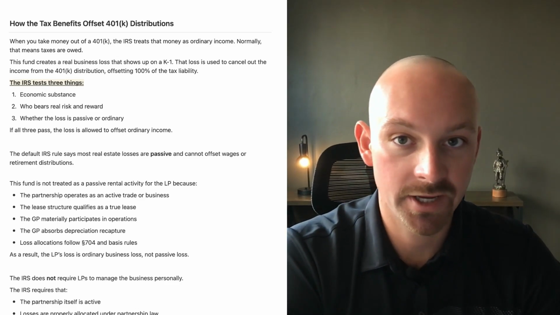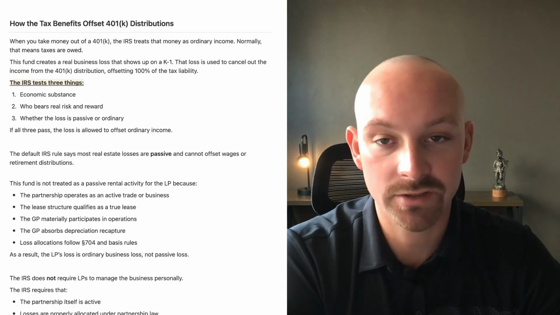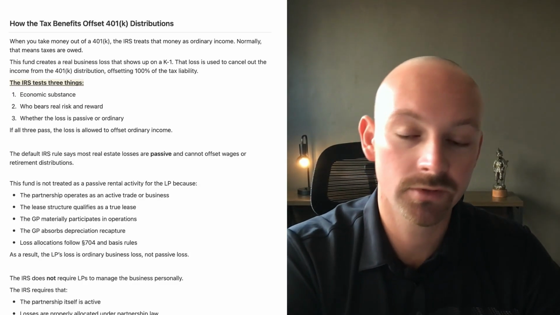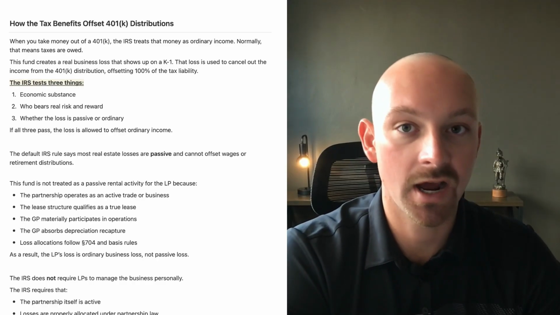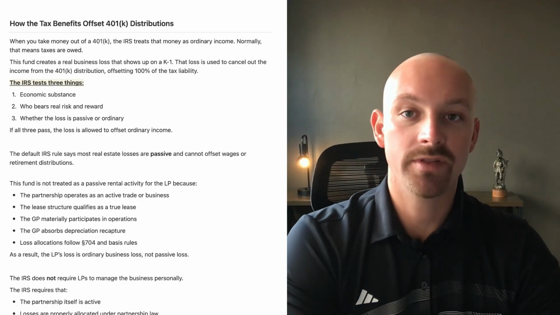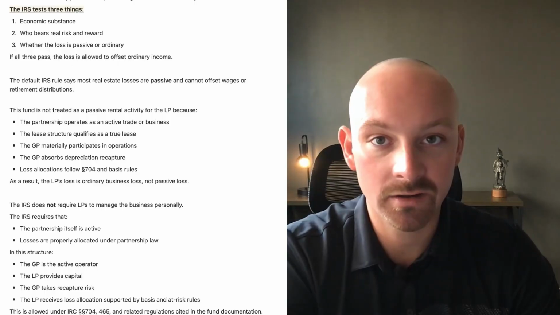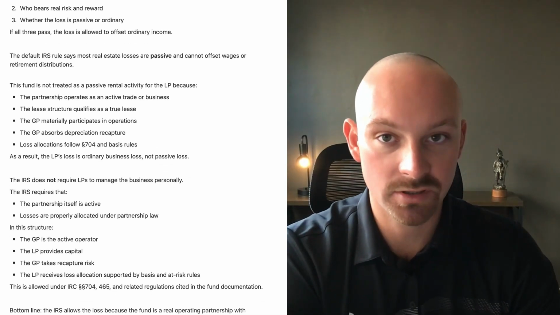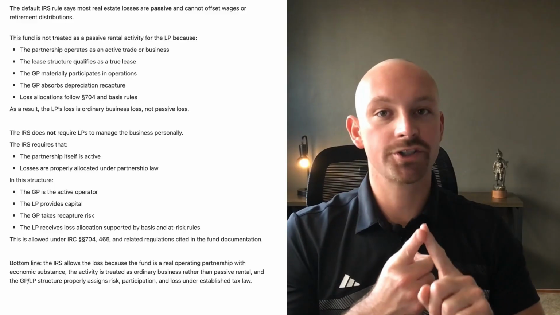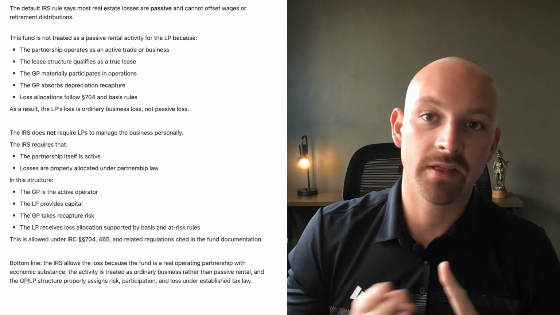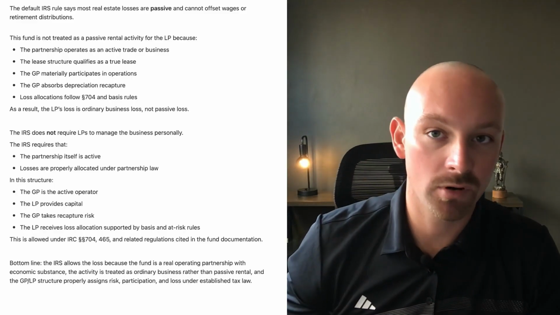And loss allocations follow Section 704 and basis rules. As a result, the LP's loss is an ordinary business loss, not a passive loss. So the IRS does not require the LP to manage the business personally. The IRS only requires that the partnership itself is active, and that the losses are properly allocated under partnership law.